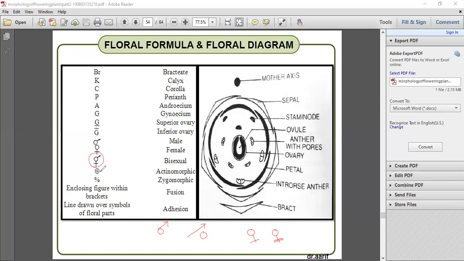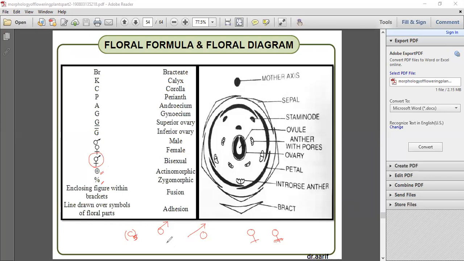If the flower is actinomorphic, it is represented by this symbol. It is zygomorphic. Okay. So if I write C under a bracket, that means these 5 C are having cohesion.